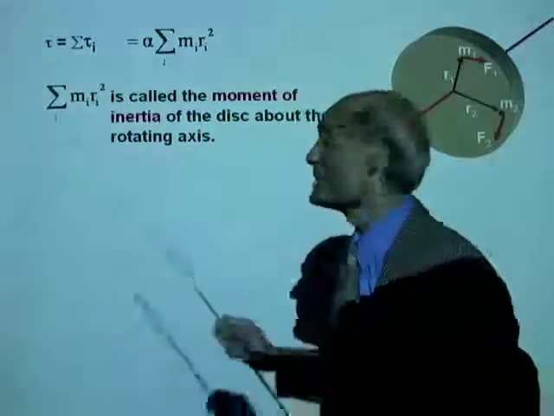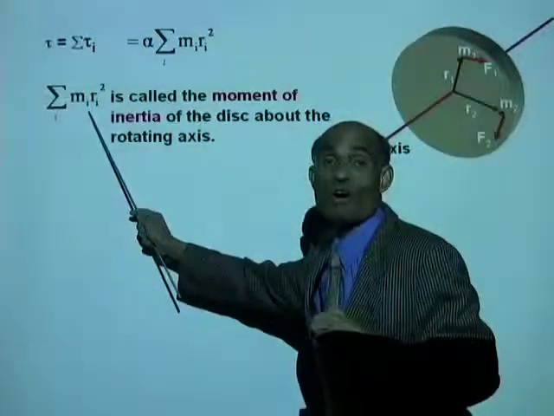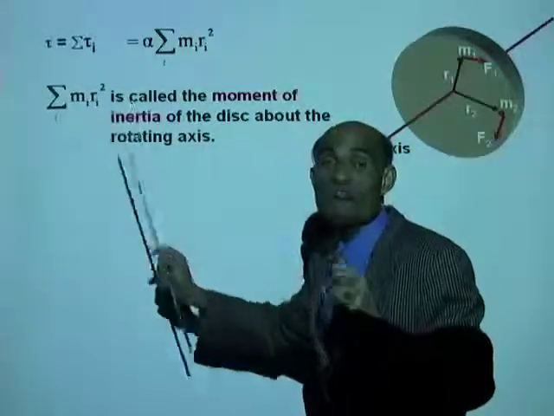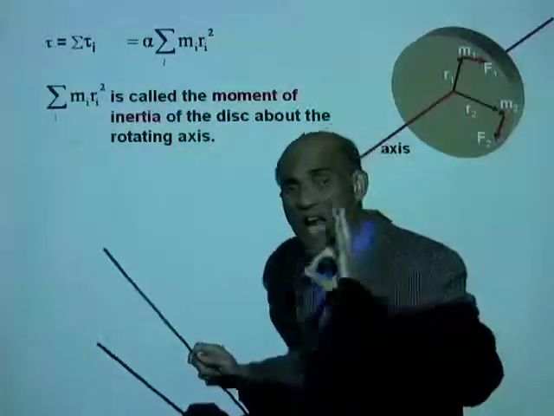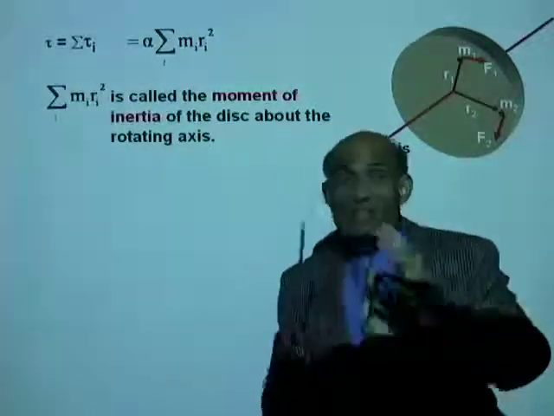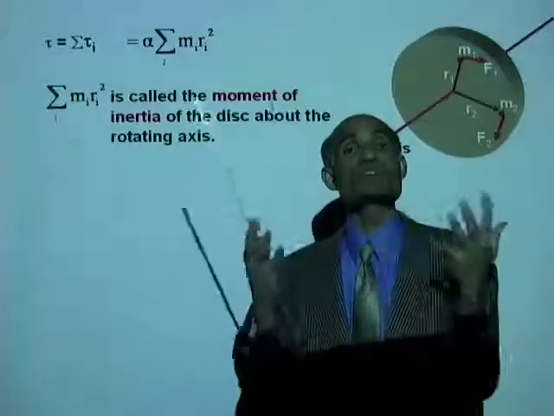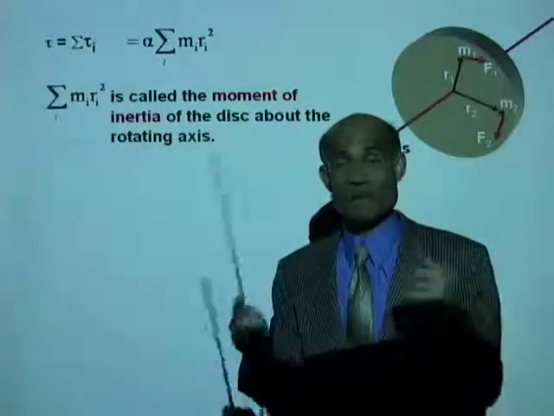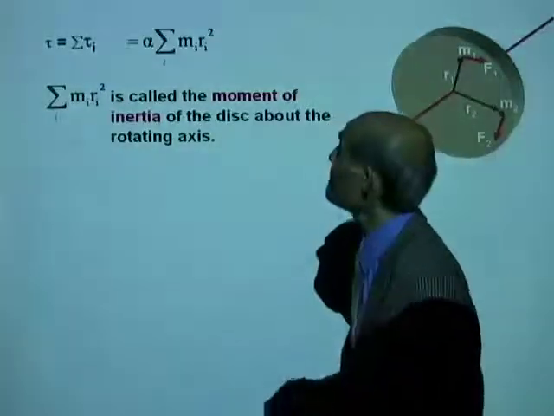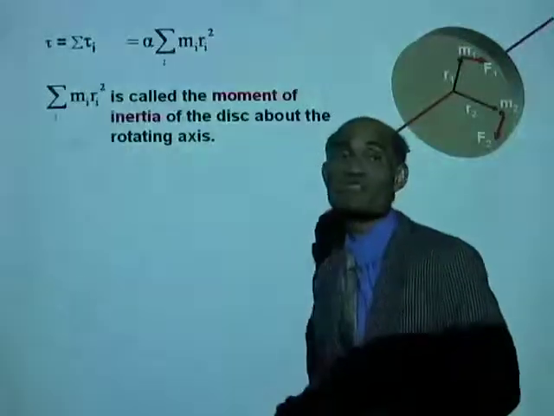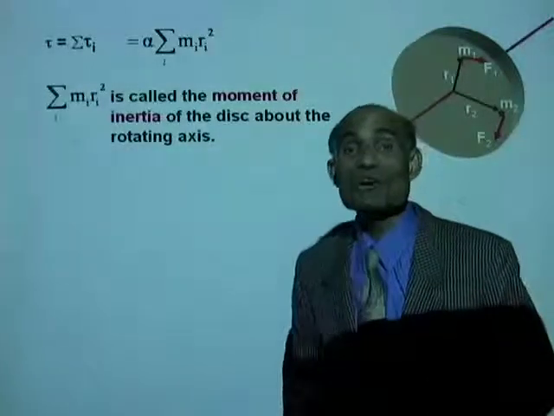You see, the moment of inertia of an object is defined about an axis. If you change the axis, the moment of inertia will change. Well, I will show that in a minute. So what is summation mi ri squared called?